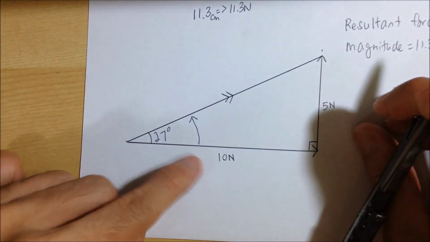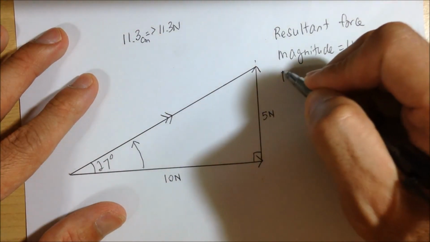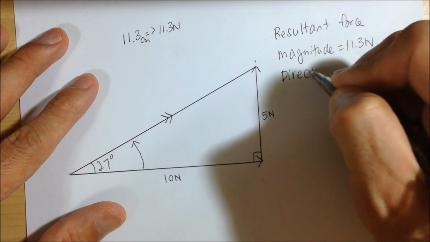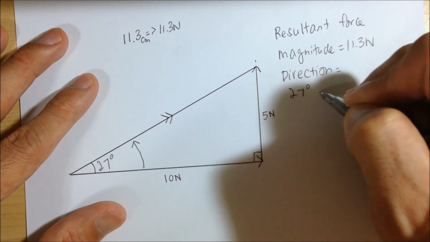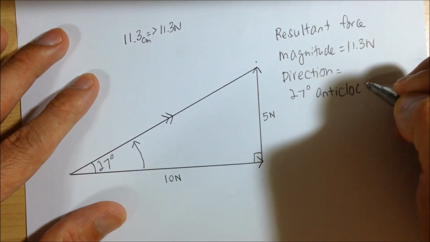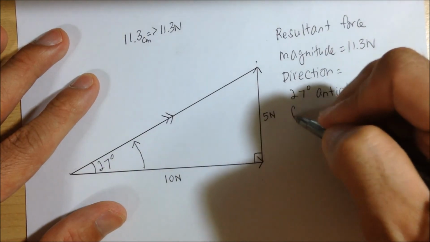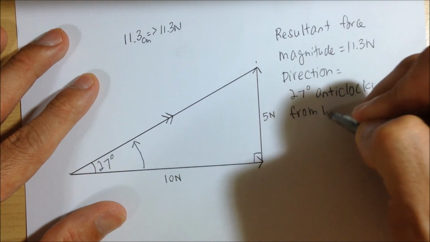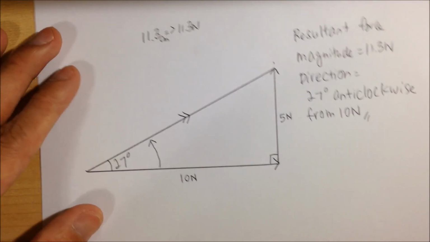So if it's rotating anti-clockwise, you can express the direction as 27 degrees anti-clockwise from the reference force, which is the 10 Newton, and then you get your solution.